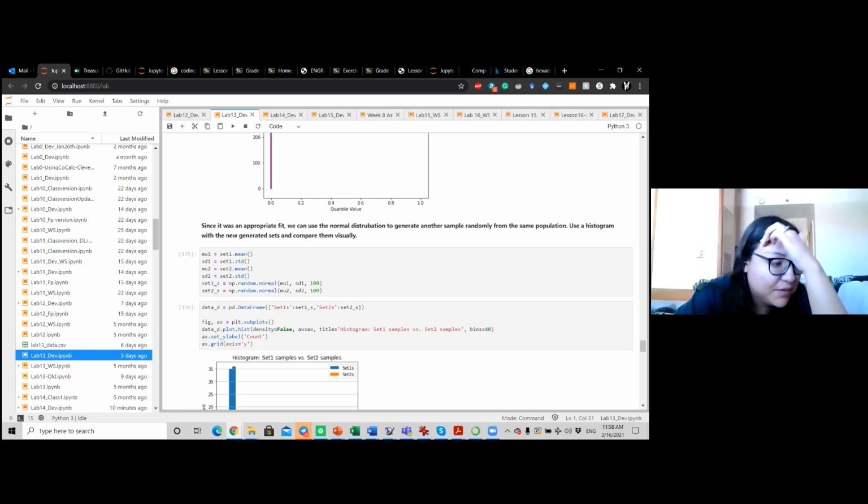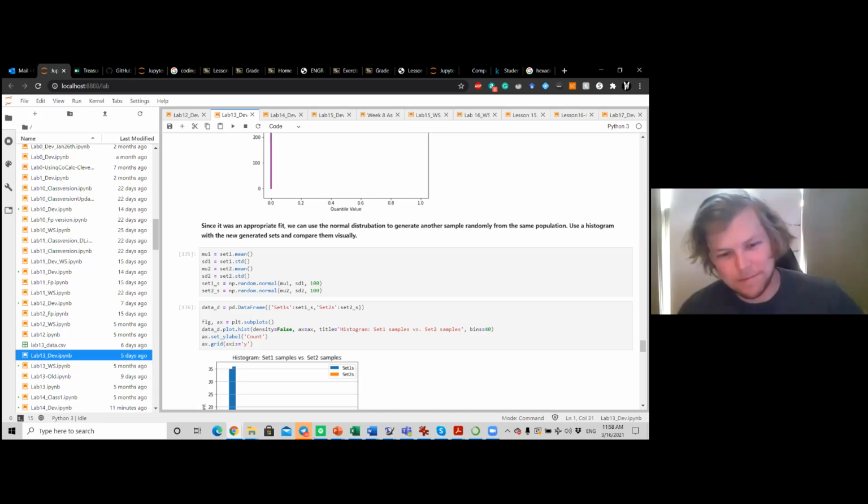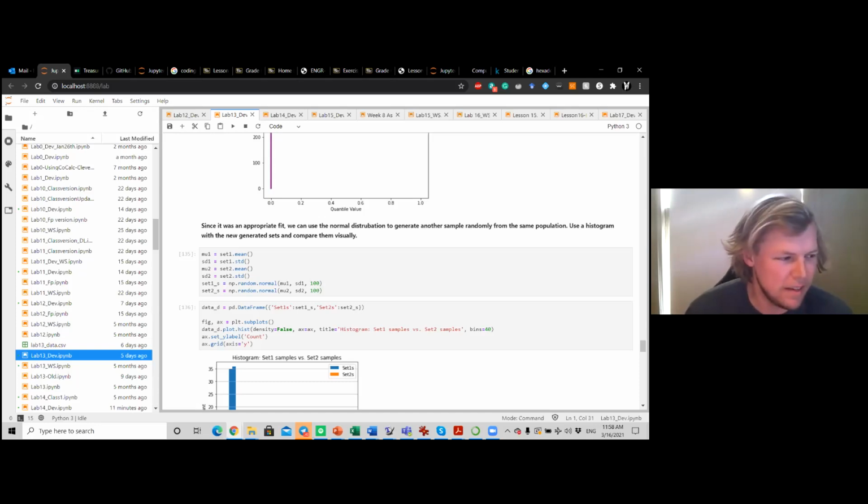Wasn't it that we sorted them? We sorted them to get the plotting position formulas right on top. Harper Hill saved the day. Yeah, so we created a random number set using the mean and standard deviation of our sets that we had.